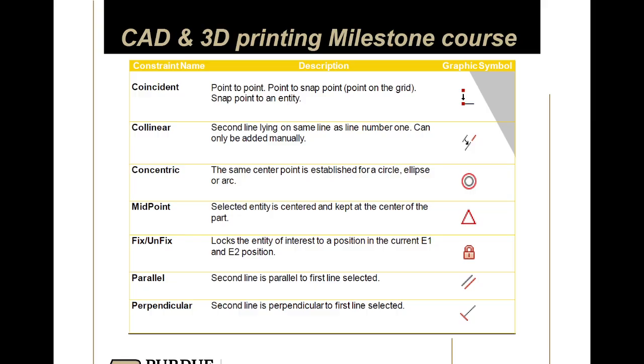Coincident is very important as well. It's just making sure a point is connected to another point or a line or something like that. And this works even if they're not directly connecting. So you can have a line and then have a point coincident to it, even if the line doesn't extend that far.